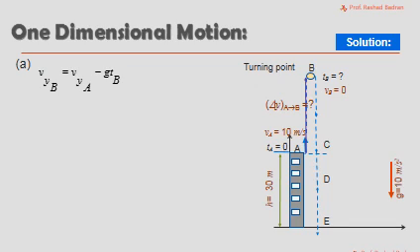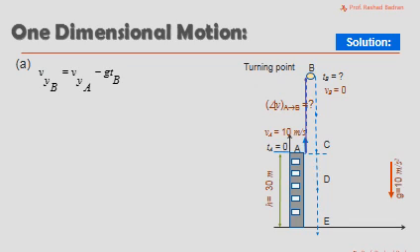In the first part of the problem, we need to find the time at the top of the maximum height from the top of the building. In this problem, at the turning point, of course, the ball is going to change its velocity from up to down. So it has to pass through a velocity of 0. That's why at point B, the turning point, the velocity is 0. This is considered the final velocity.